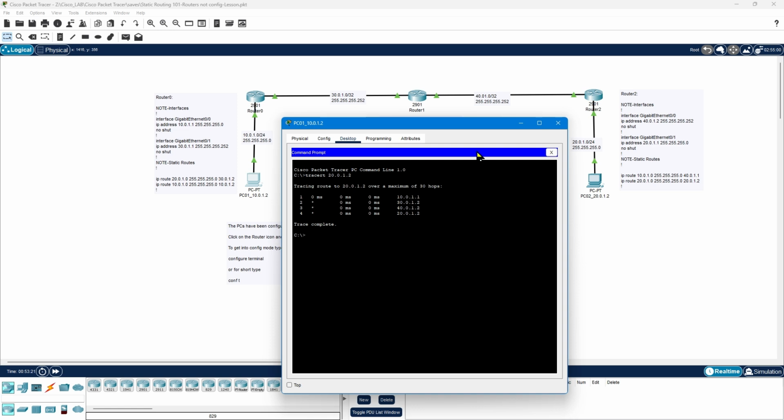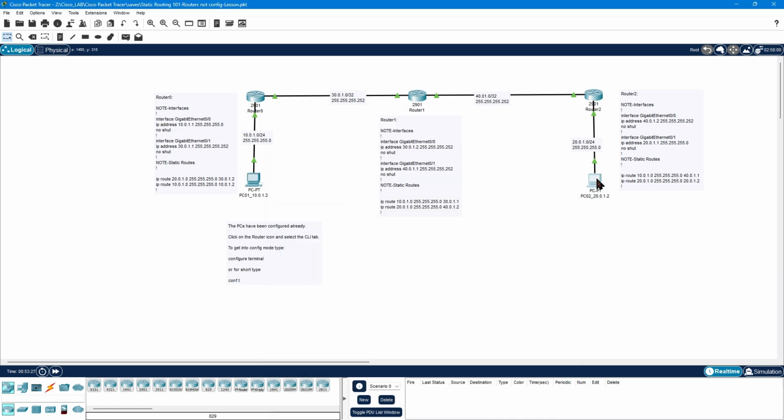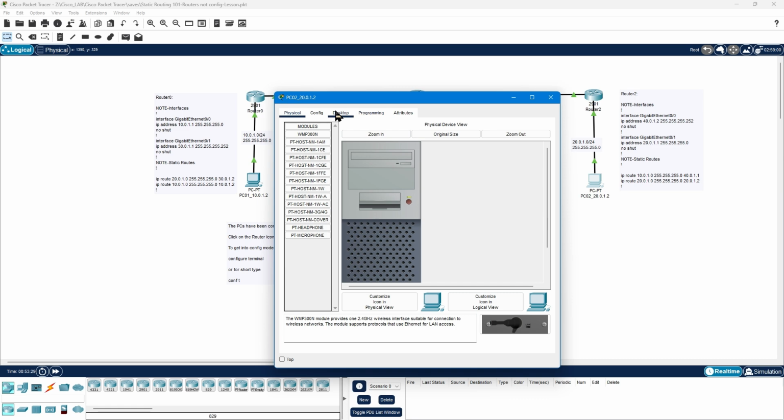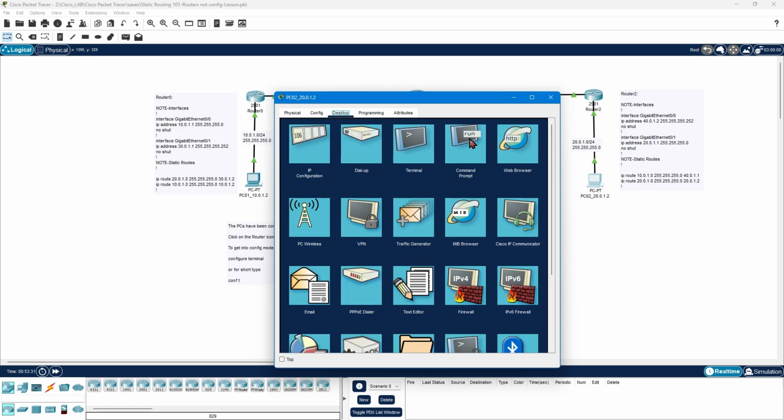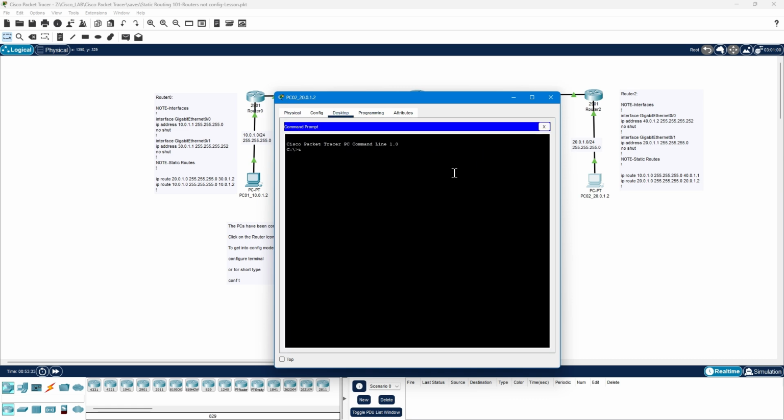Now if we go to the other PC and do the same thing there, it should be quicker. It should be almost instantaneous. So we're going to do a tracert, and I hope I spelled that right, and it's going to be to 10.0.1.2, and it should be almost instantaneous.